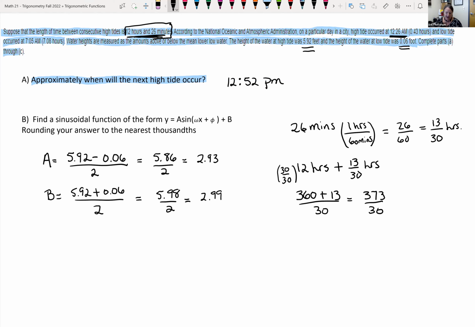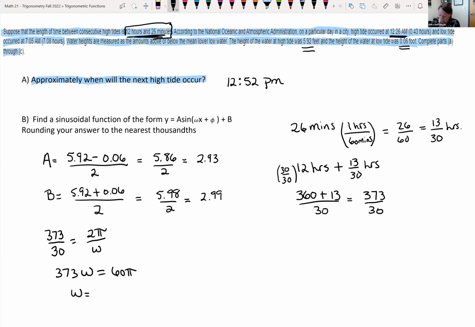So right there, that is what my period is. I need to take my period, which we found, 373 over 30, and set it equal to 2 pi over omega. If we cross multiply, we get 373 omega equals 2 pi times 30, or 60 pi.